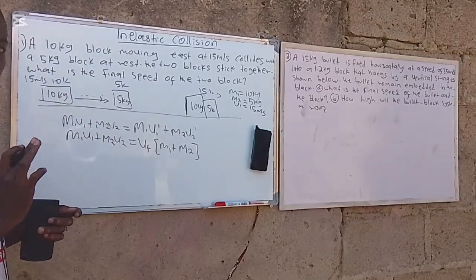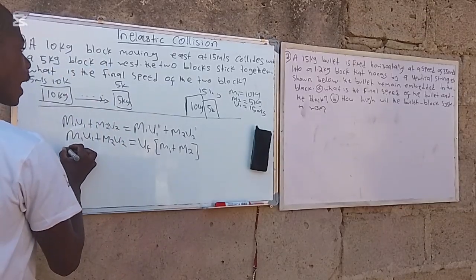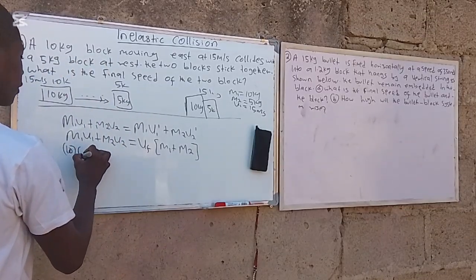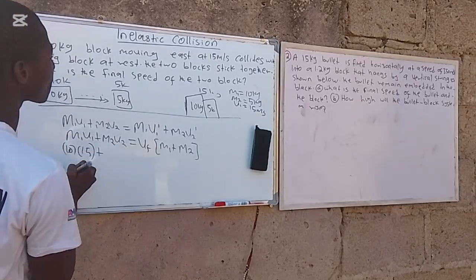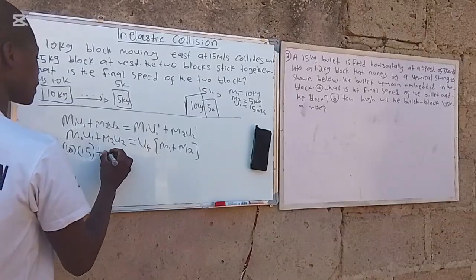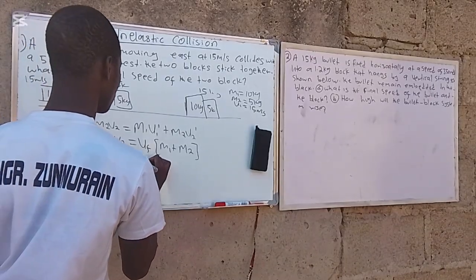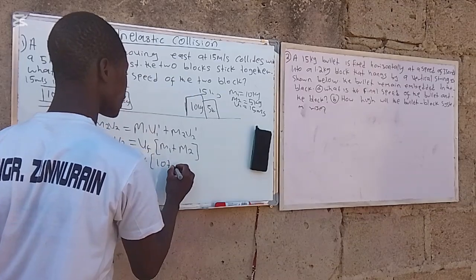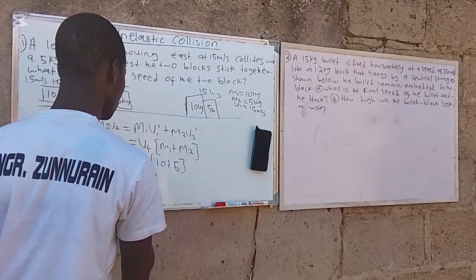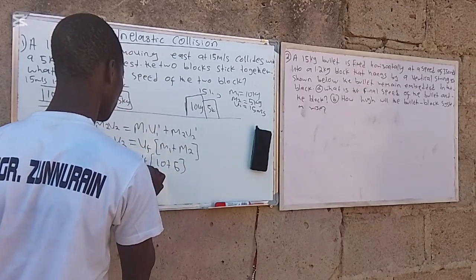So m1, which is 10, multiplied by v1, which is 15, plus m2 times 0, should equal v final times m1 plus m2, which is 10 plus 5.